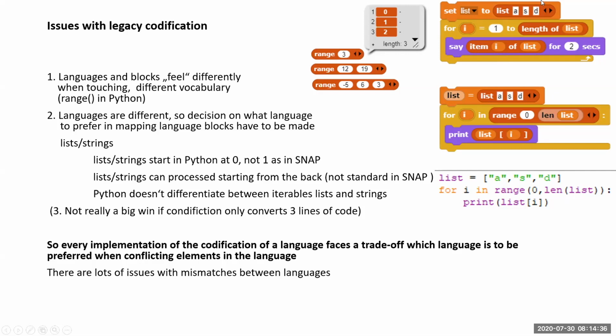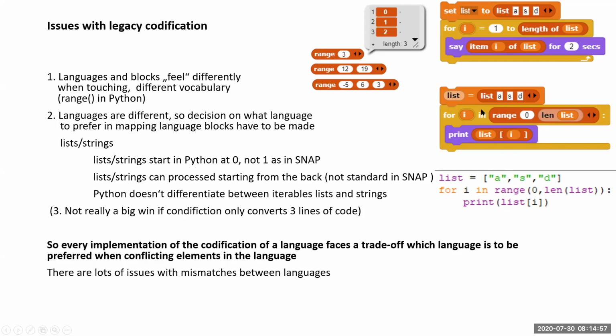This is standard. But here, one below, you see the list, and then you go for i in the range between 0 and the length of the list. Then you go to print list, and this is closer to the Python code, as you see on the bottom. I mean, this translates more or less 1-to-1.